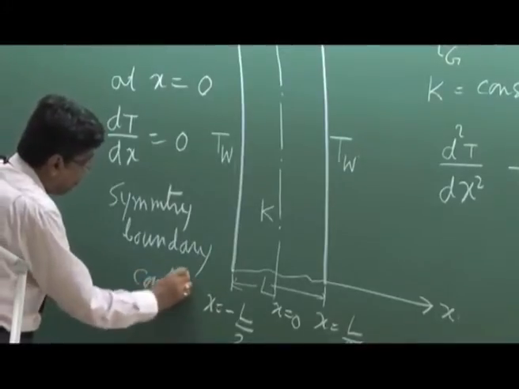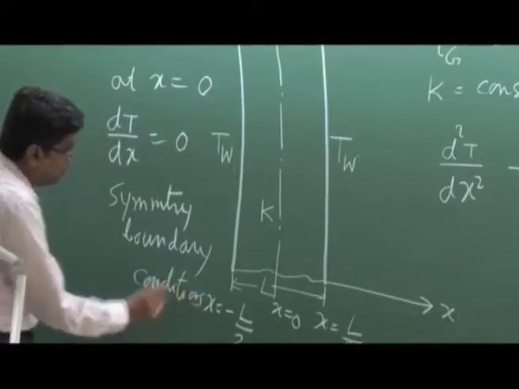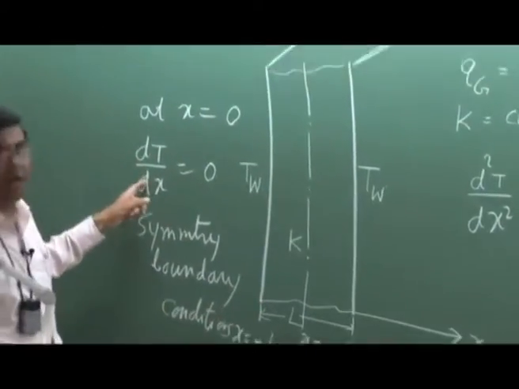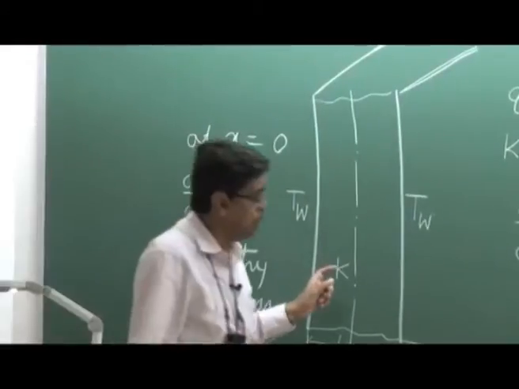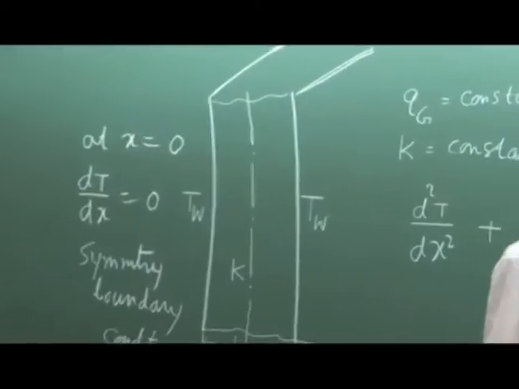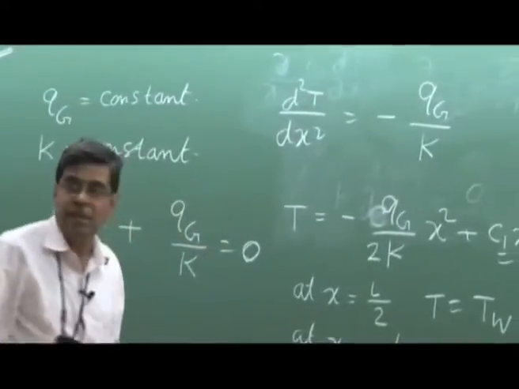That means if x equal to 0 is the line of symmetry, then there the variable shows a minimum. If you directly put these boundary conditions here, you will find out that C1 is 0.